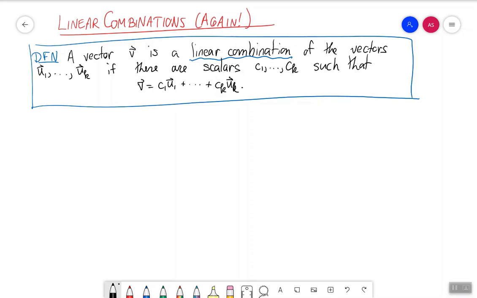Now that we've talked about systems of linear equations, we have the tools that we can use to actually check whether a given vector is a linear combination of some other vectors. So let's do an example.